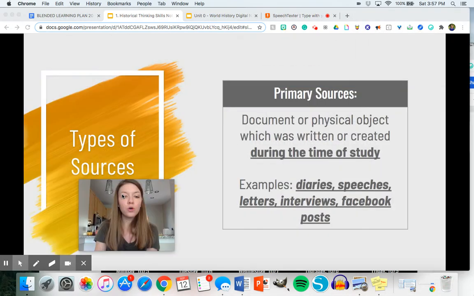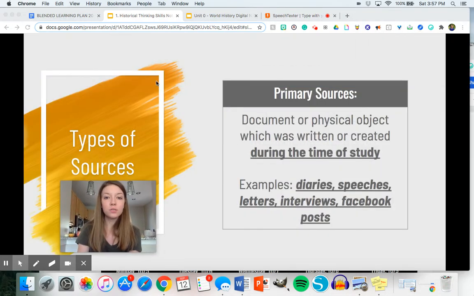Right. So let's talk about types of sources here really quickly. Sources can be one of two types. The first type is a primary source, and I think this should be review for most of you. Remember, a primary source is a document, physical object, or artifact, something that was written or created during the time of study. So it was made during the time period.